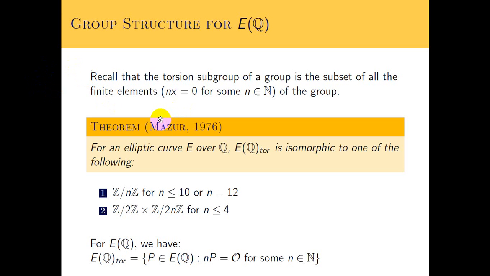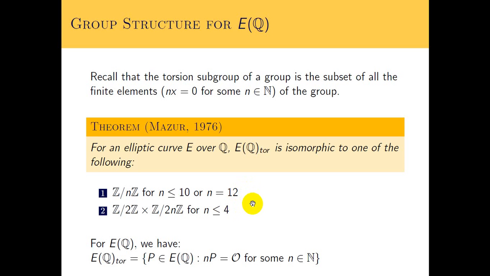And a theorem by Barry Mazur in 1976 says that the torsion subgroup always looks like one of these two things. It's an extremely restrictive condition on the torsion subgroup. So all the finite elements, the whole finite group, looks like one of these two pieces.